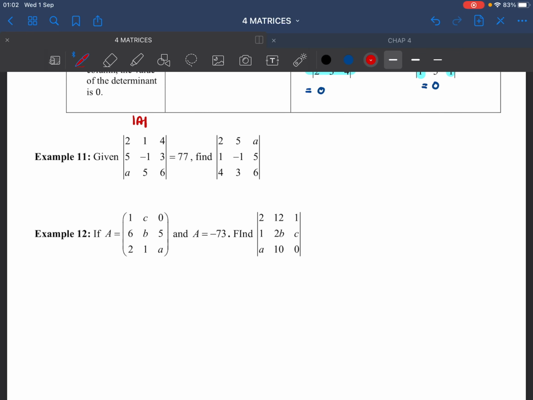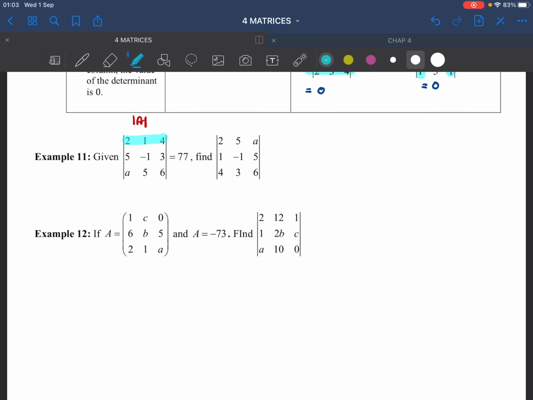So find this. So kamu kena fikirlah apa bezanya ini dengan ini. So what's the difference? So we know that here we have 214, but here we have 214. Okay, 5 negative 1 3, 5 negative 1 3, A56, A56. So apa beza ini dengan ni? Apa relation dia?